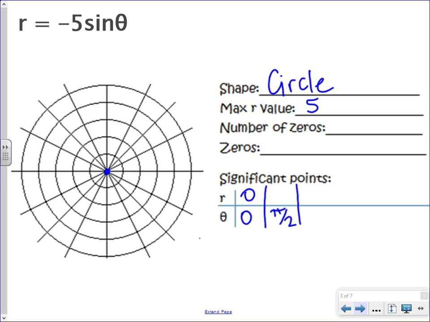What is -5 times the sine of pi over 2? -5. So at pi over 2, we're going to go backwards 5. And then if we plug in pi, the r value becomes 0. So we start at (0, 0), we rotate to pi over 2 at -5, and then back to pi.